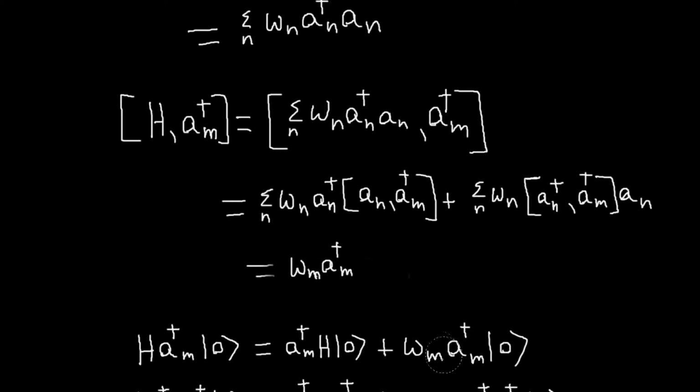And that just tells you, so this term will go away because we've redefined the Hamiltonian to give 0 when acting on the ground state. And so this tells us that the energy of the state is just omega_n.